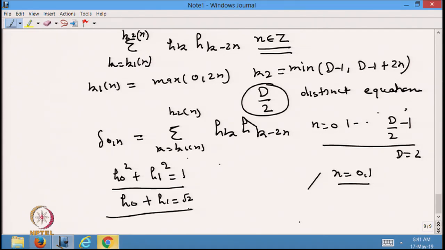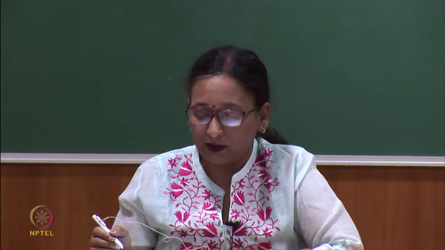After solving both of them, you could say h naught is 1 by under root 2 and h1 is also 1 by under root 2. This was in the case of just specific d is equal to 2, which corresponds to the Haar wavelet.